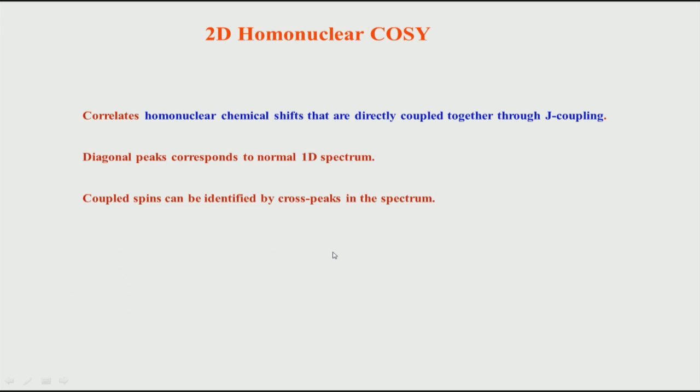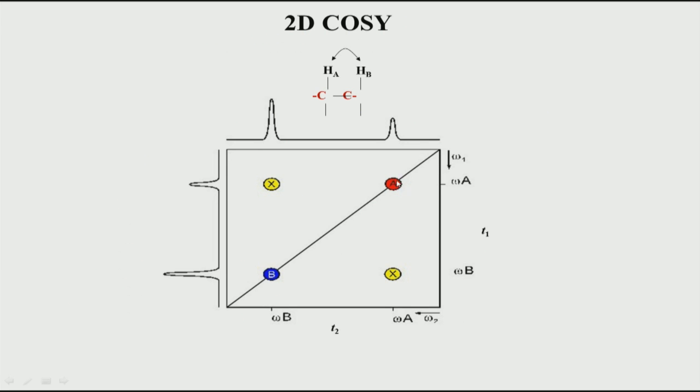Although we do not show it like this in a 2D, I am showing only a circle here because I am trying to explain qualitatively. But in reality you will actually get a doublet here also for A if it is coupled to B, and similarly B will also show a doublet coupling to A. Similarly, in the horizontal dimension, here also it will have a doublet and here also a doublet.